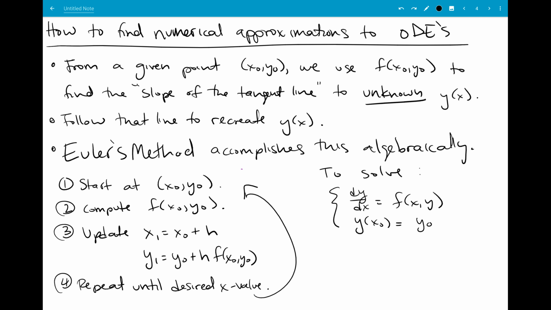And so some important things that happen in these steps is that after you know the differential equation to solve, you need to pick h, the step size, and then decide when to stop.